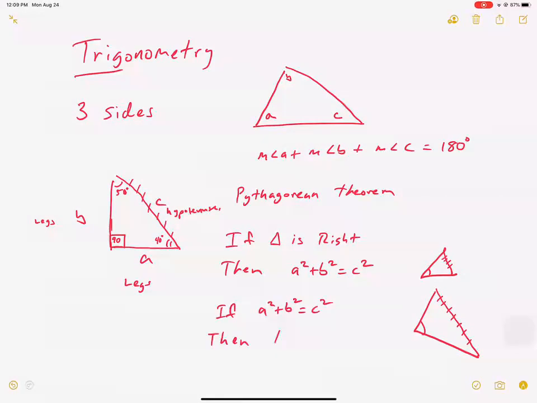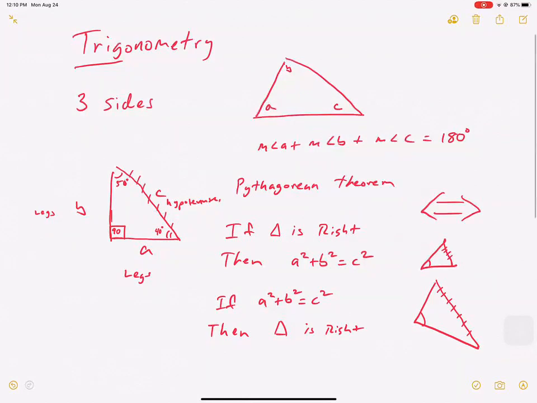Then the triangle is right. You'll see this if you read a lot of theorems. They have a little symbol that looks like a double arrow sign. And this means we can go either way, forward or backwards, because each is a clause for the other part.